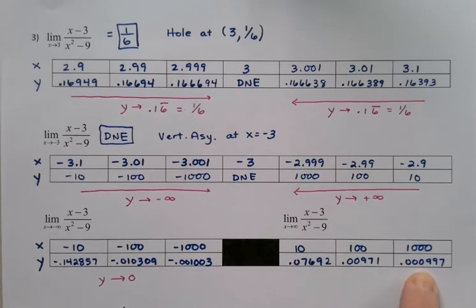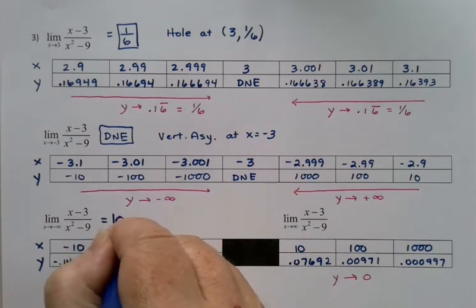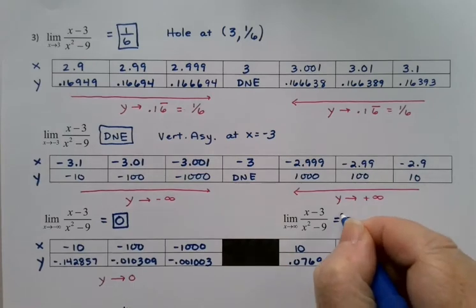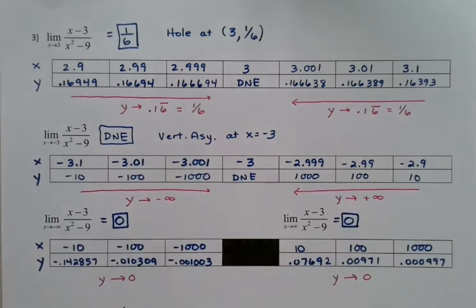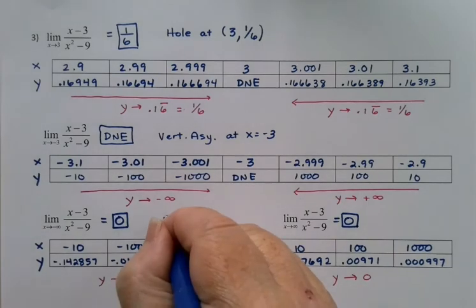More zeros after the decimal point each time, the y value does seem to be approaching 0. So both on the left side, the end behavior goes to 0, and on the right side, the end behavior goes to 0, seeming to indicate both a limit of 0 for both of these and a horizontal asymptote. We've got to approach y equals 0 on both ends.